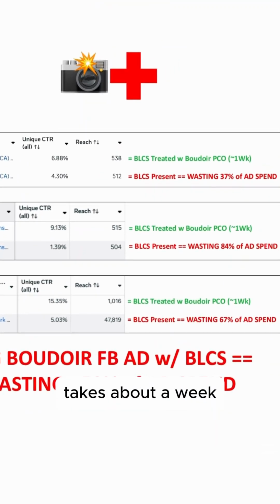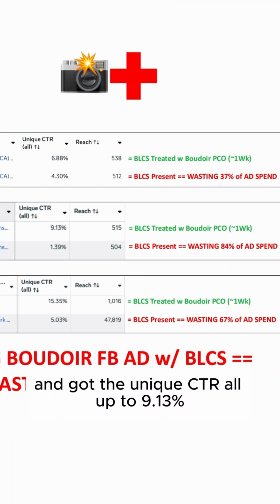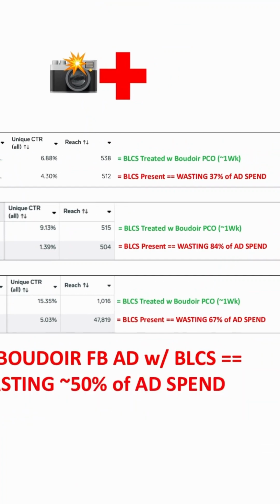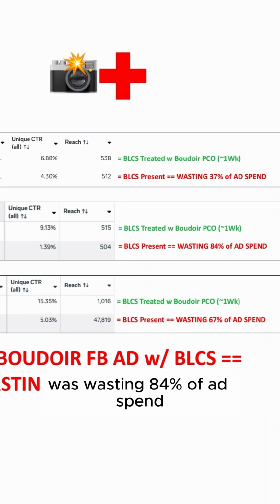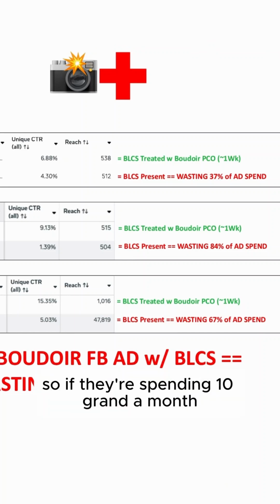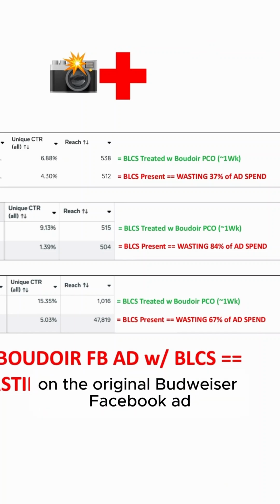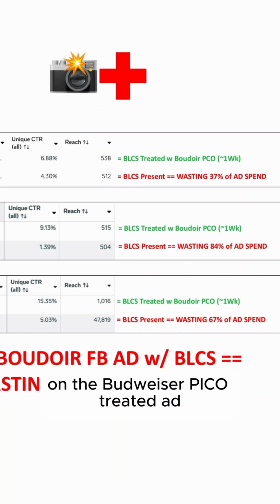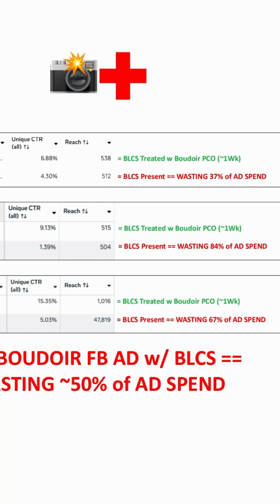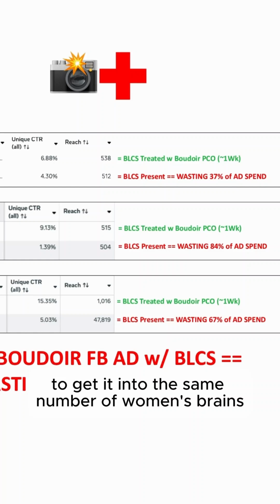Takes about a week, and got the unique CTR all up to 9.13%. So we found out the original Boudoir Facebook ad was wasting 84% of ad spend. So if they're spending 10 grand a month on the original Boudoir Facebook ad, now they only need to spend 1.6 grand a month on the Boudoir Pico treated ad to get it into the same number of women's brains.